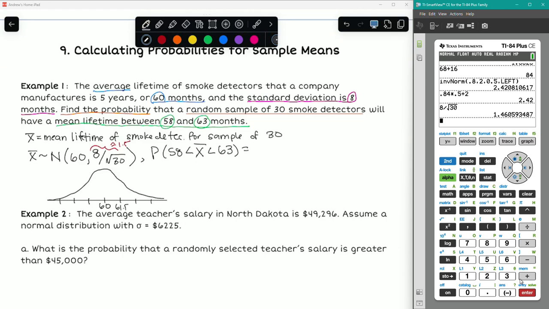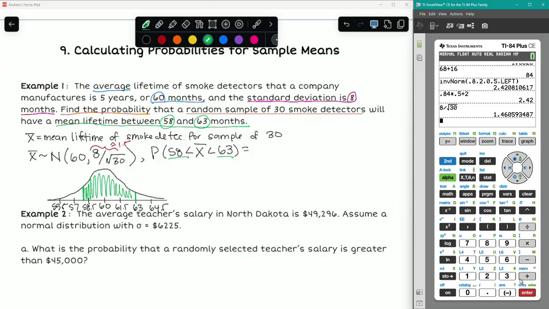So 61.5, 63, 64.5, 58.5, 57, 55.5. I'm going to mark where those boundary values sit. 58 is right about here, a little less than 58.5. 63 is right here. I'm interested in this area here.